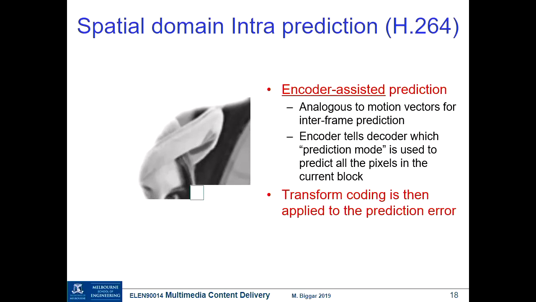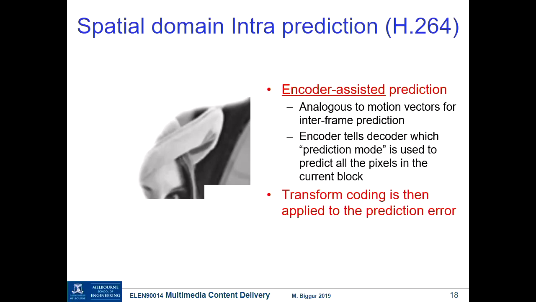So we're, in particular, recognizing that a lot of pictures have edges and significant features that are roughly aligned in particular directions. And if we send some side information to explain how to predict that structure, so in this case again we do something relatively vertical, then it can assist our prediction.